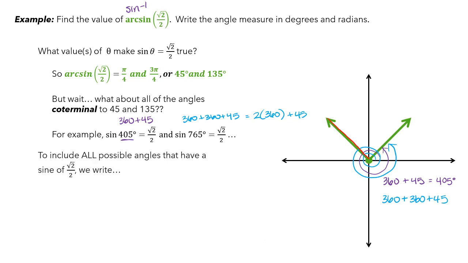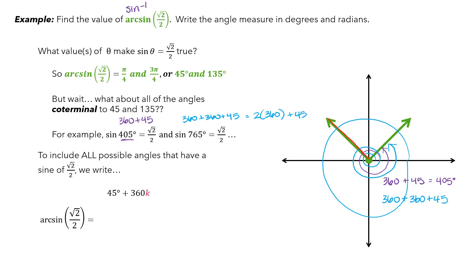So to represent all of our possible angles that have a sine of root 2 over 2, or the answers to our arc sine of root 2 over 2, we're going to write 45 degrees plus 360 times k. K is going to represent how many times I'm doing a full rotation around my axes, or a full revolution.